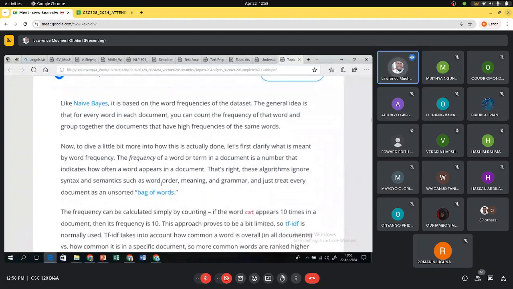These are common English words, so you remove them. And you only have a bag of words that are not the common English words, and they're already stemmed. Then you count the simple frequencies.